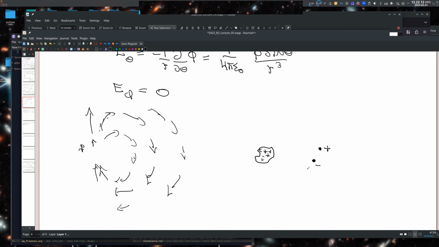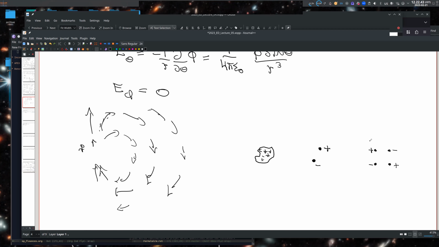Now, conversely, when you start looking at higher and higher moments, you can think of configurations that have zero monopole and zero dipole, but non-zero quadrupole moments. So for example, if I start with a dipole here, plus minus, but then I put the converse dipole here on the other side, minus plus, these two dipole moments, one pointing up, one pointing down, cancel.